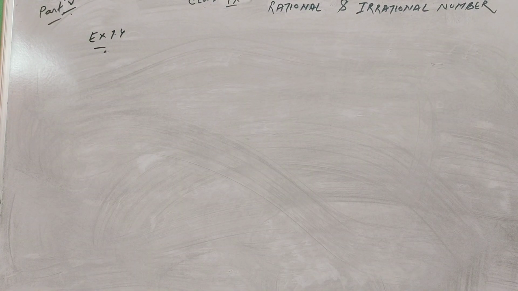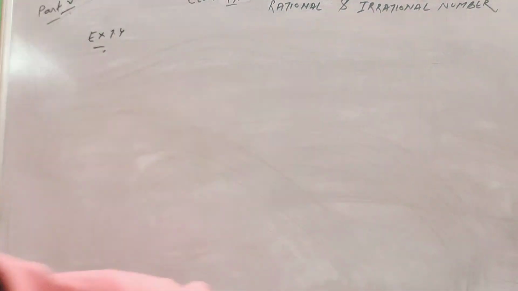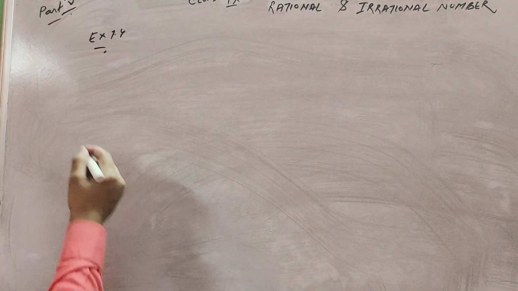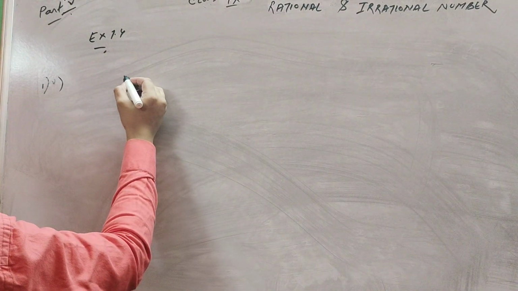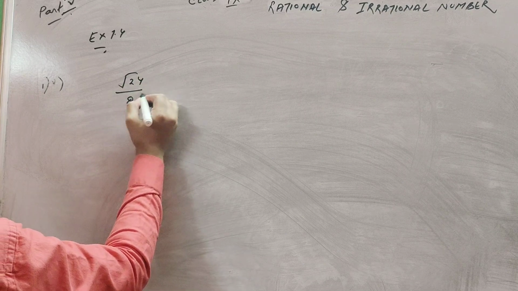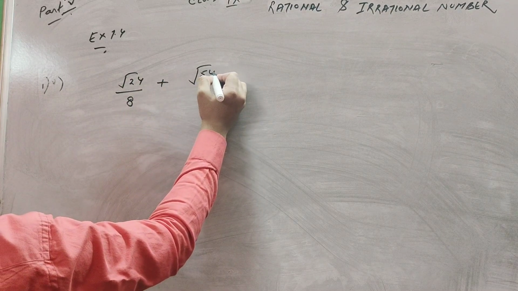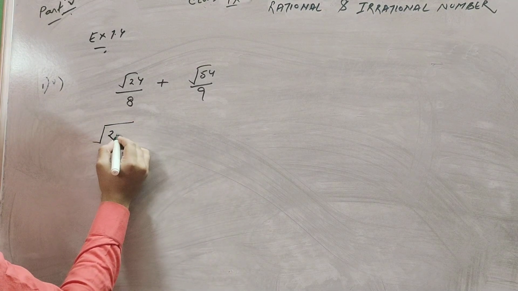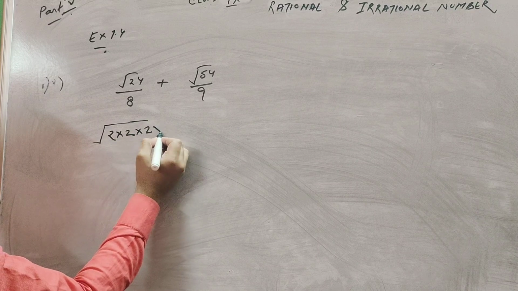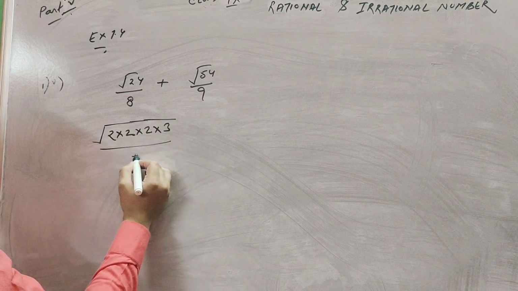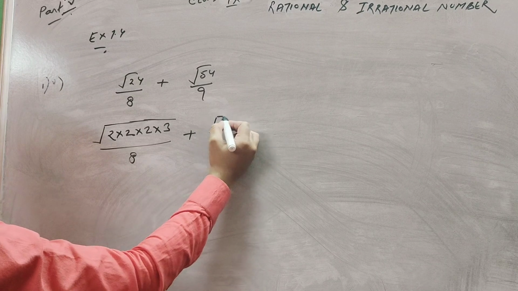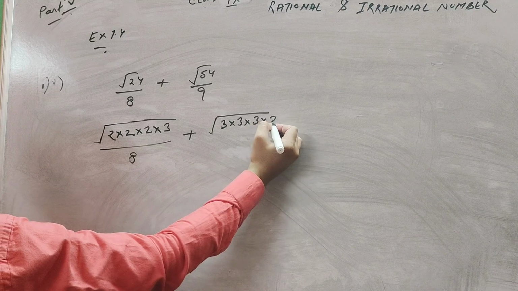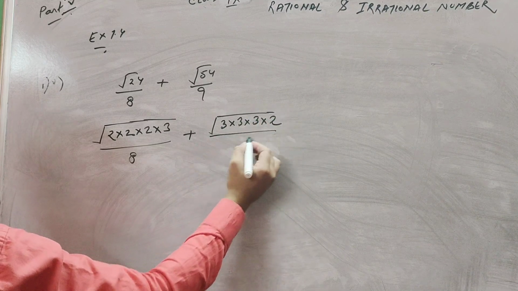Now it's time for question number 5, first subpart. It's root 24 upon 8 plus root 54 upon 9. 24 upon 8, that means 2 into 2 is 4, 4 times 2 is 8, 8 times 3 is 24, so root of 24 upon 8, plus in place of root 54 we write 3 into 3 is 9, 9 times 3 is 27, 27 into 2 is 54, by 9.